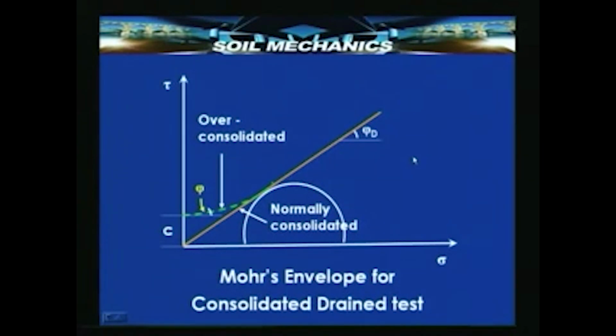Now here it is very important to remember that in nature soil undergoes consolidation over ages and millions of years. There is always a possibility that the soil which we test has already undergone some pre-consolidation.